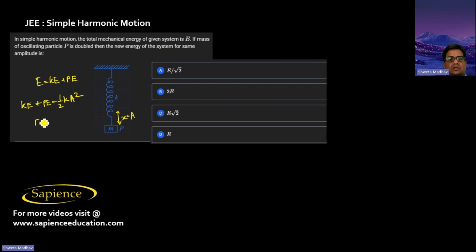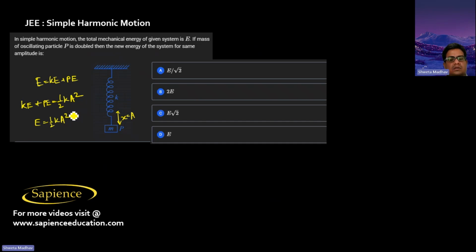So the total mechanical energy is half k a square. Now the amplitude is kept the same.